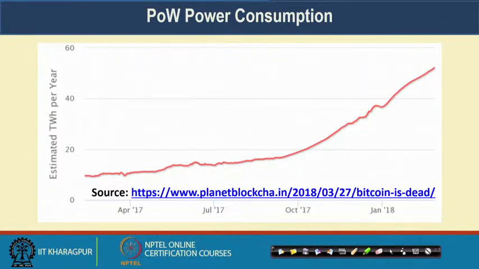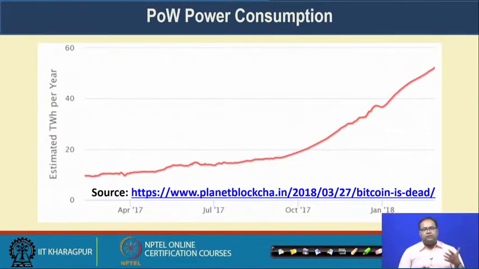Another problem of this proof of work based system is the power consumption. This system relies on the amount of power being consumed, because whenever you deploy a huge amount of computational resources in the network, those resources consume a huge amount of power to generate those hash functions.